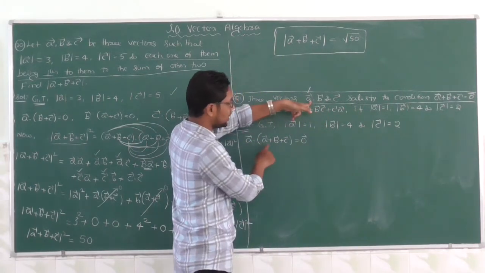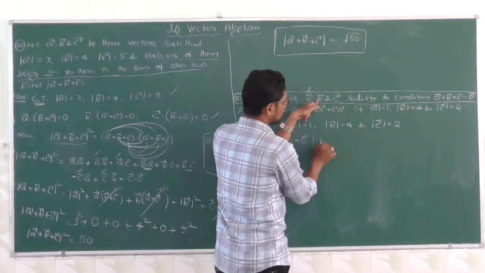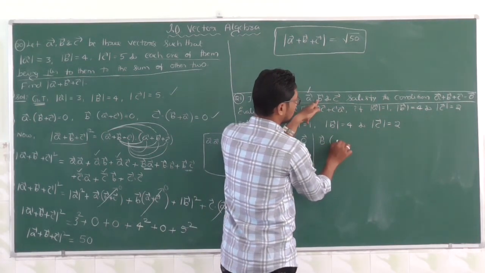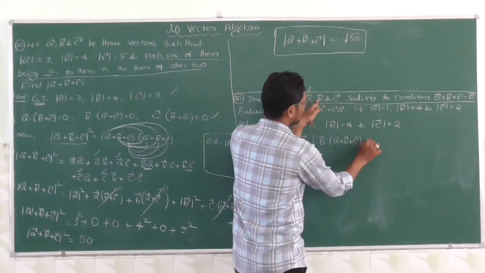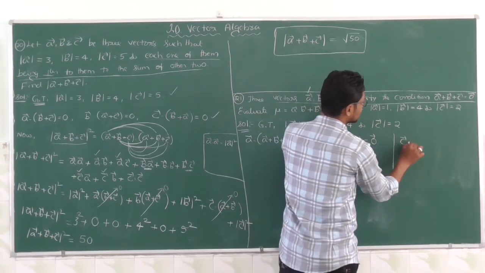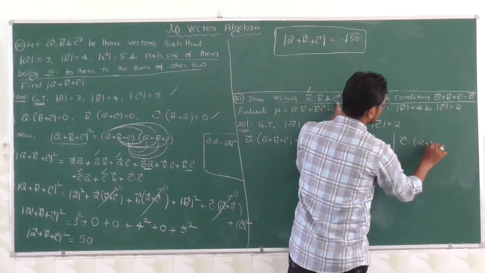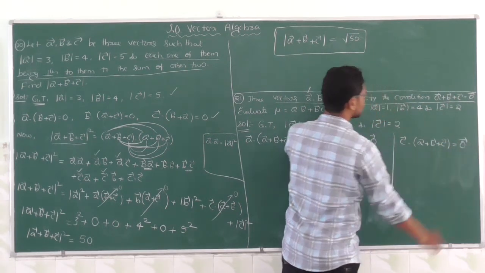This is nothing but A dot (A plus B plus C) equals 0. Similarly, B dot (A plus B plus C) equals 0. Next, similarly, C dot (A plus B plus C) equals 0.